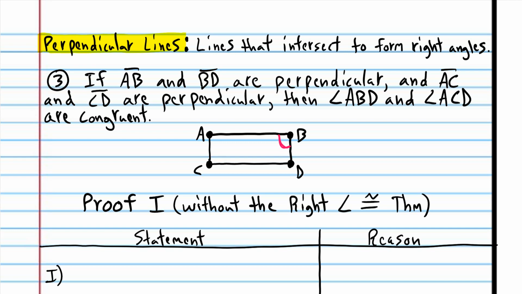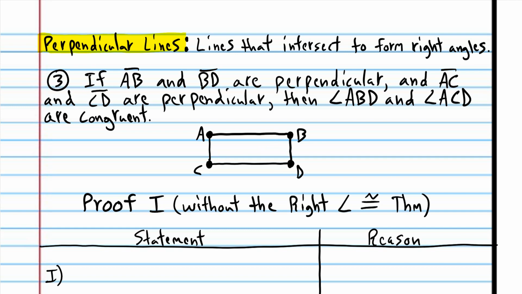Let me go over that one more time. This segment is perpendicular to this segment, which means that this is 90, and this segment is perpendicular to this segment, which means that this is 90. So therefore, these two angles are congruent. That's what we're trying to prove.